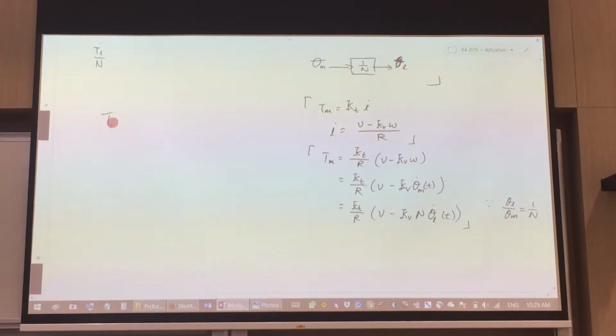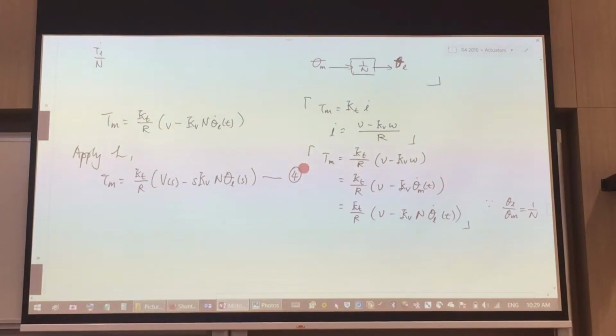So I'm going to write this down. Tm equal to KT over R, V minus Kv n theta dot L of t. And applying the Laplace, I get Tm equal to KT over R Vs, taking the Laplace, and I call this equation 4.